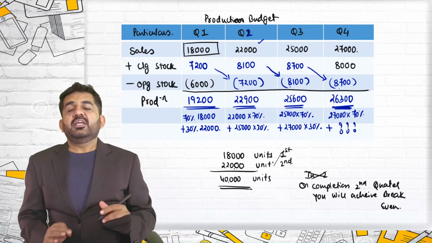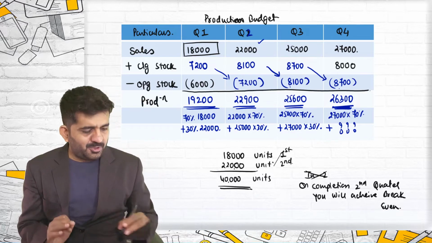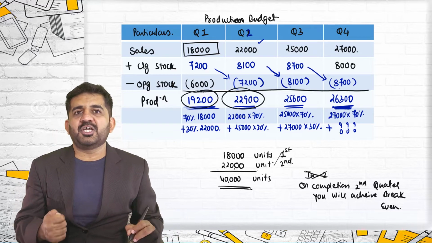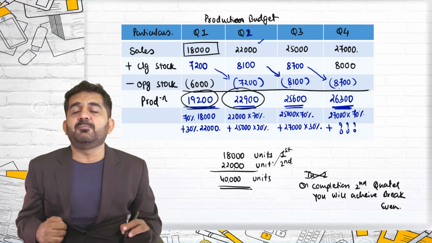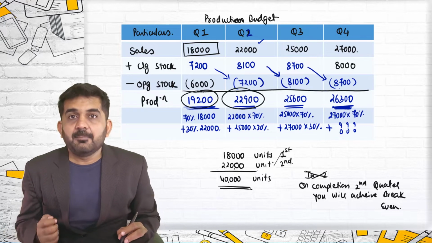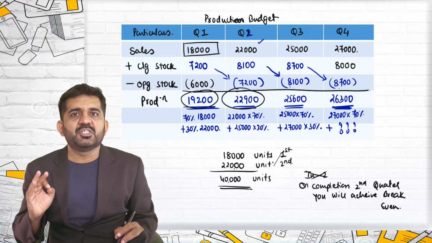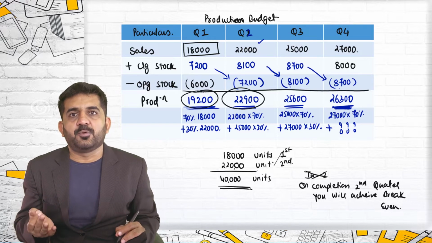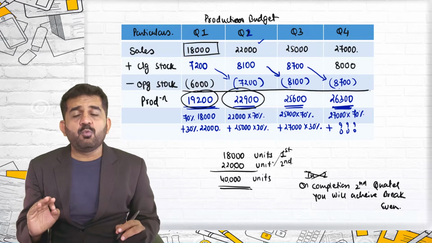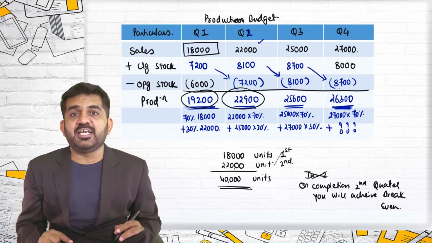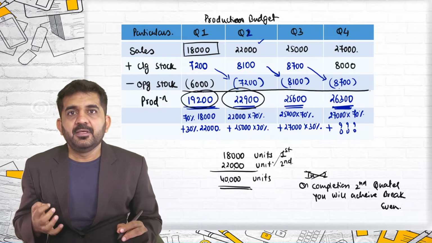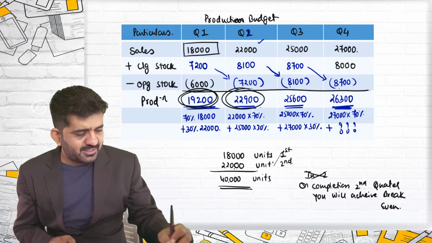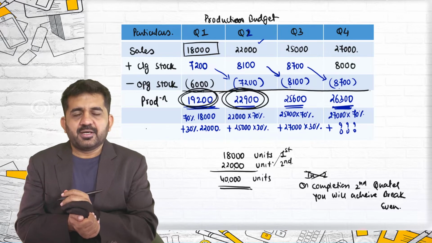Now understand, in the suggested answer they have compared production, that okay, production of 40,000 you will be completing in second quarter. But understand, break even point is always quantity sold at which you are earning no profit or no loss. If you want to find out quantity manufactured at which you are earning no profit, no loss, you can take this as manufacturing, right?